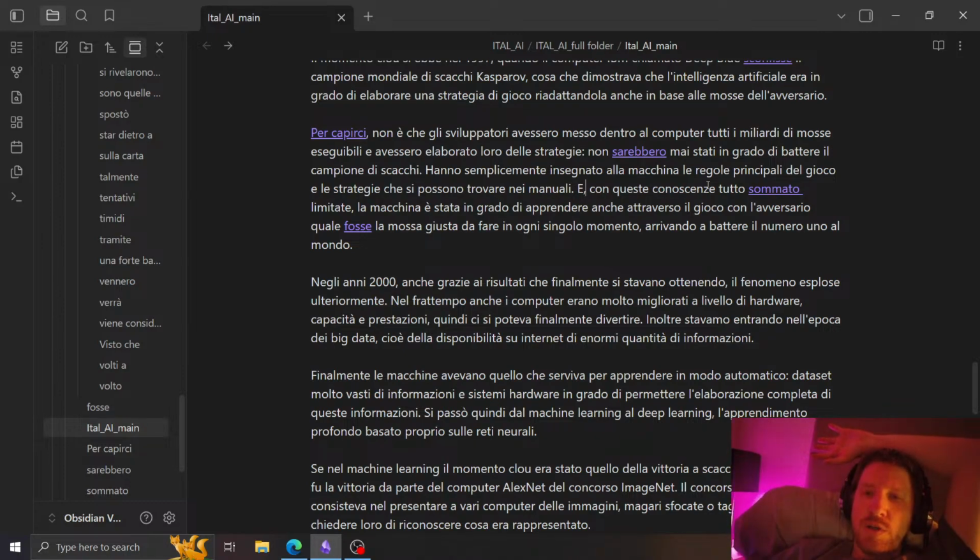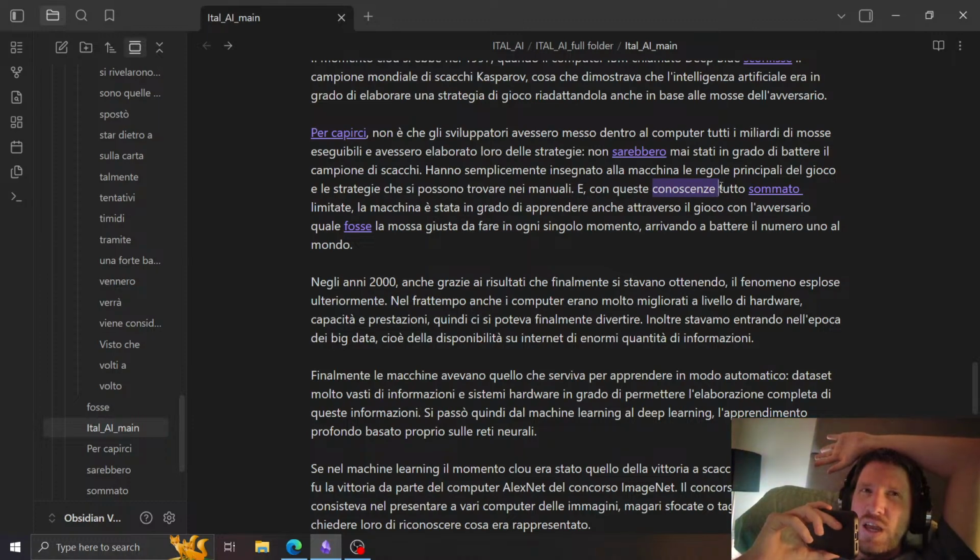E con queste conoscenze tutto sommato limitate, la macchina è stata... What does this mean? And with these conoscenze, what is queste conoscenze plural?